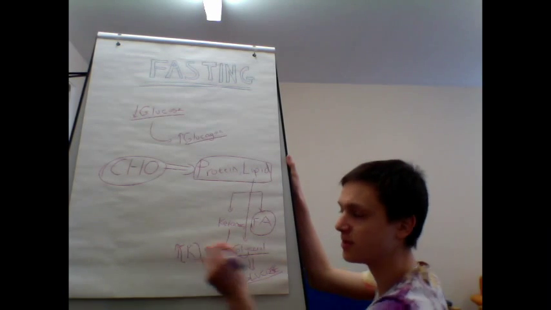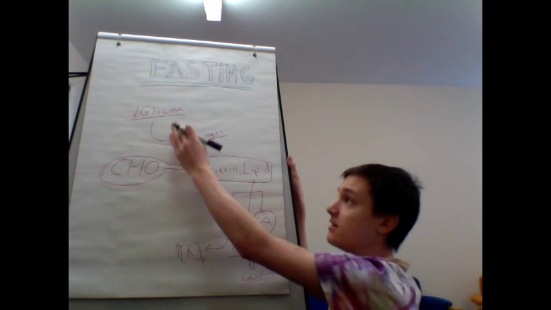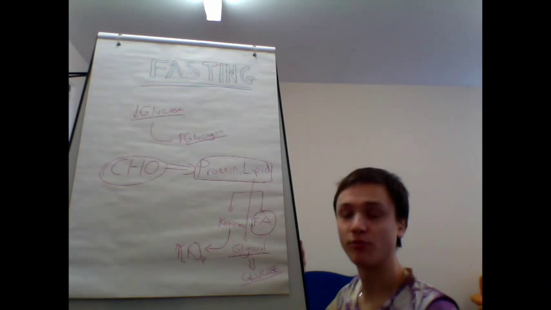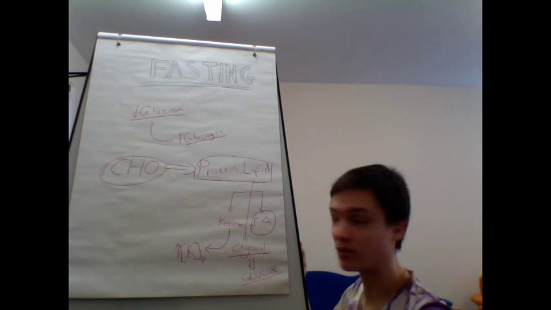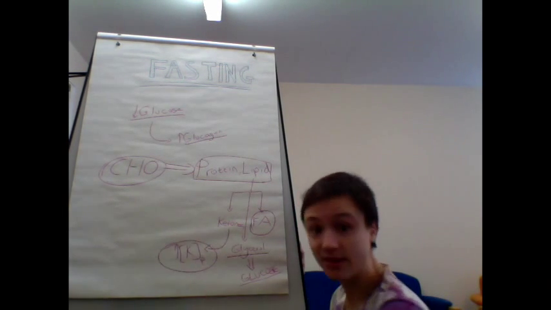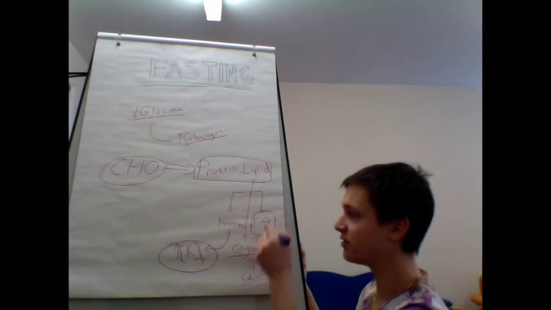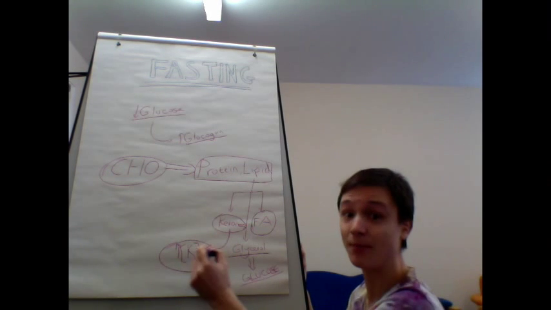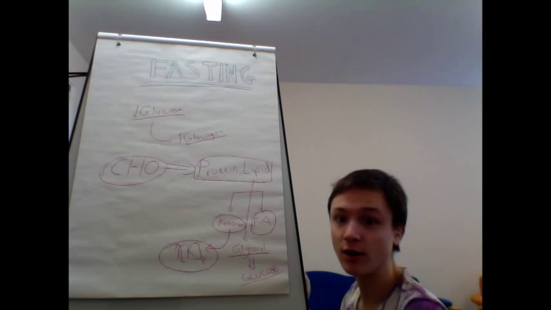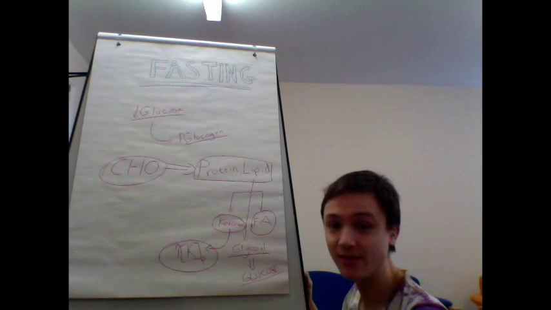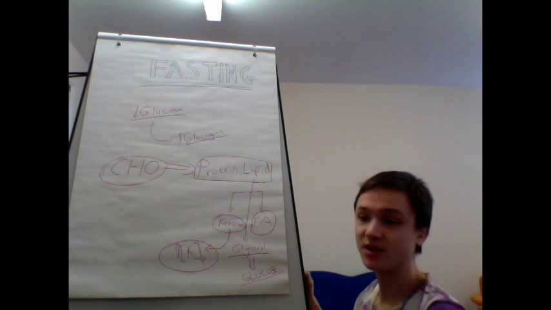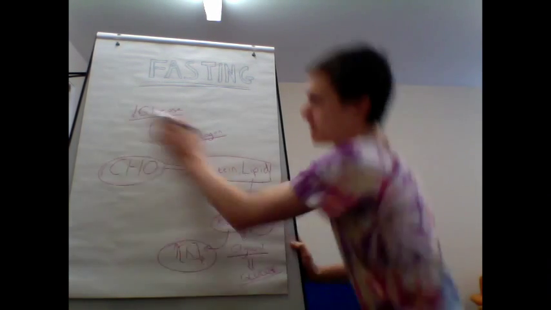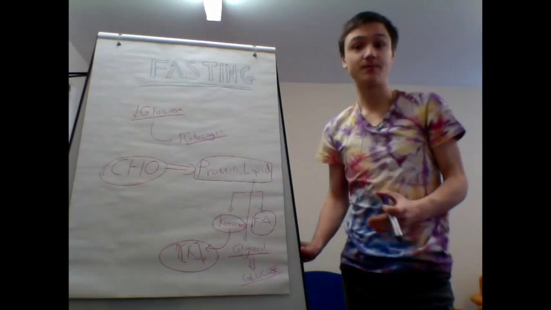And this is important because when the amount of glucose in your blood is down, your brain needs something to metabolize, and this is where it derives its energy from. So by the rest of your body reducing the rate at which they metabolize these, it frees up quite a lot of it to let your brain keep running and keeping you alive, essentially. So that's essentially what happens in the stages of fasting.